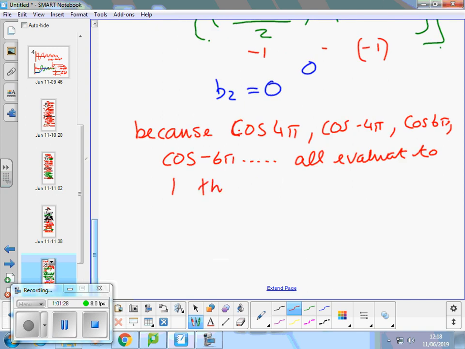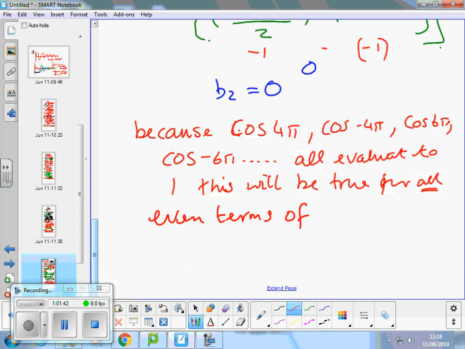This will be true for all even terms of n. So there'll be no B4, no B6, no B8, and so on. So from that point in the question, if you can realise that, you don't have to calculate any others.